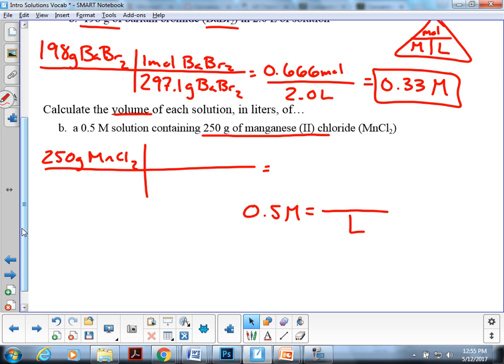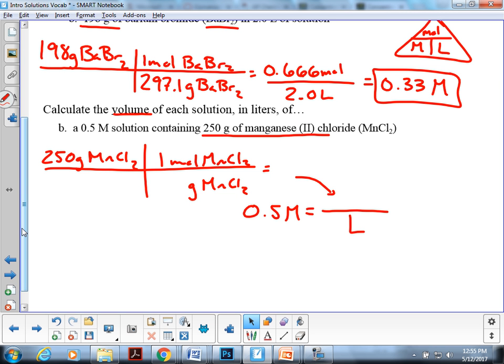Look it up. Oh shoot, I don't know how to solve for liters again. Use the triangle.